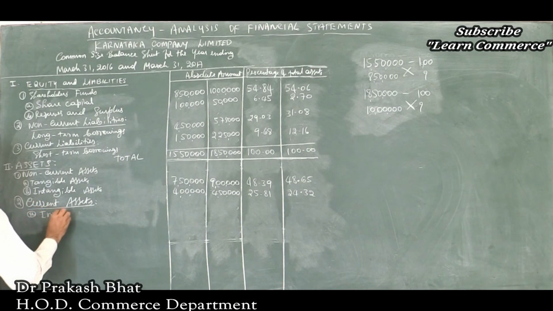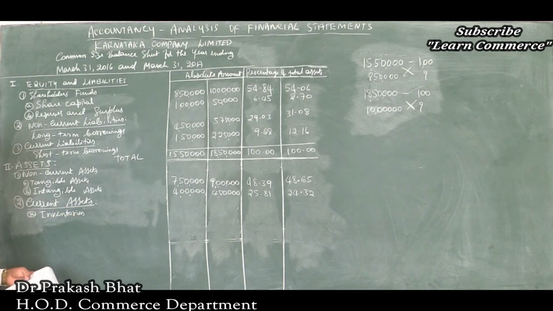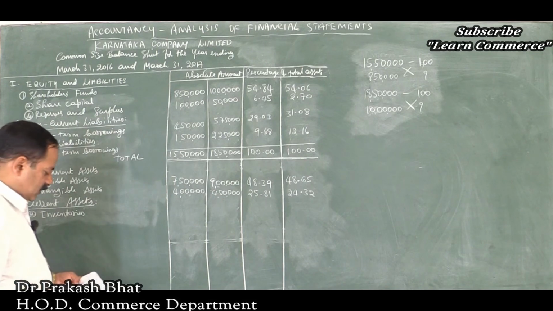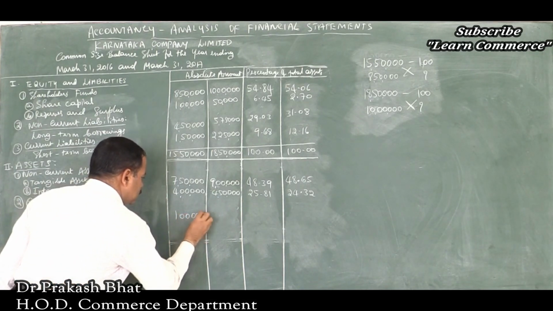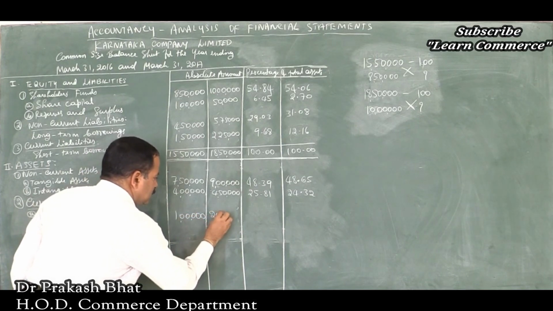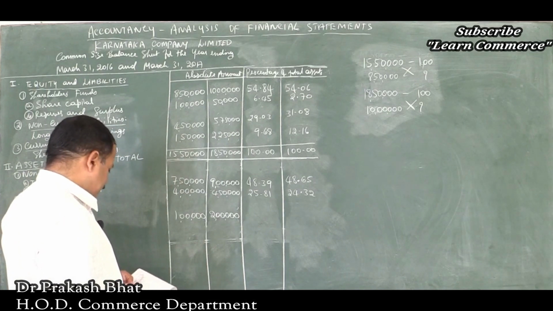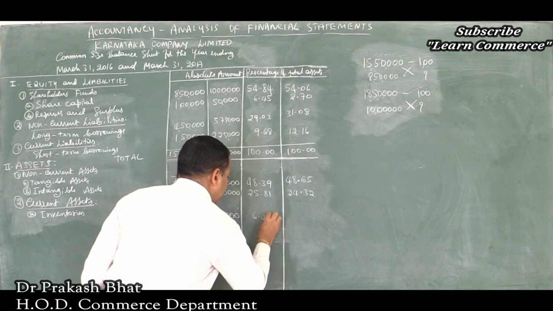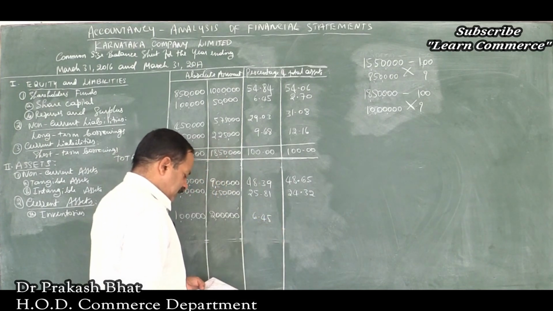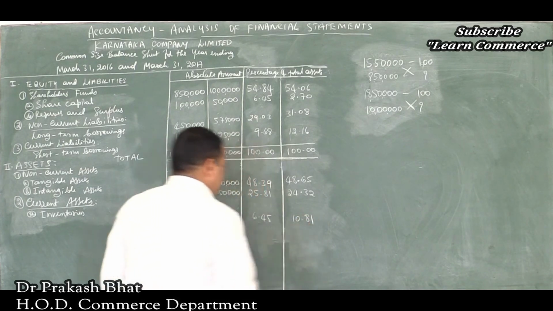Inventories: 1 lakh and 2 lakh. The percentages are 6.45 and 10.81.